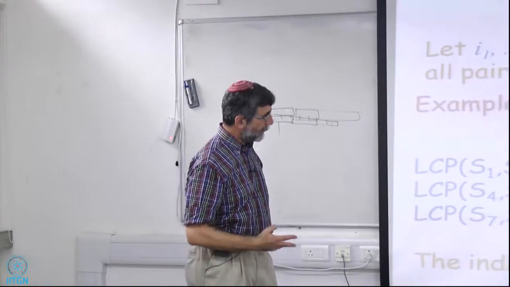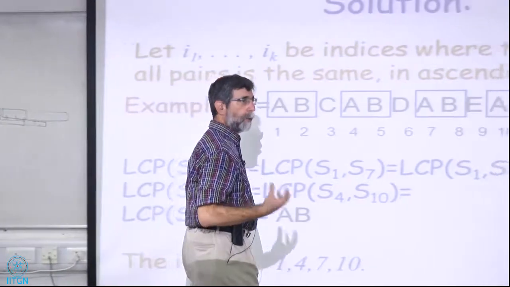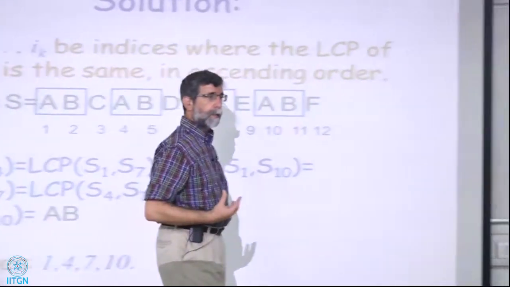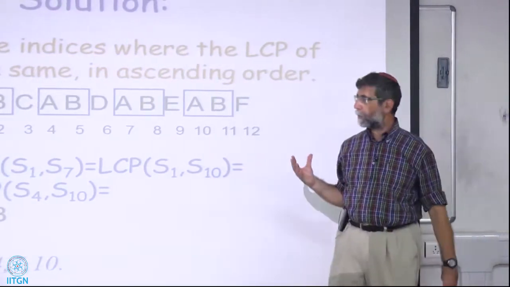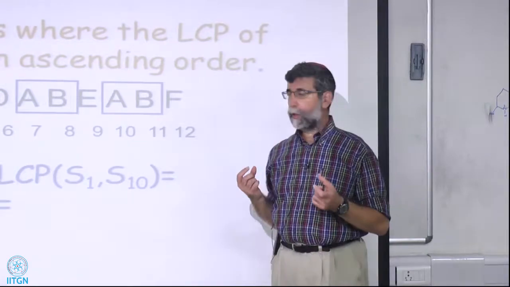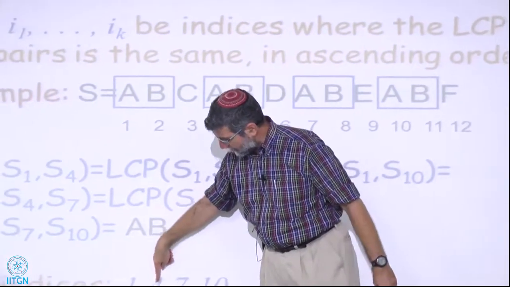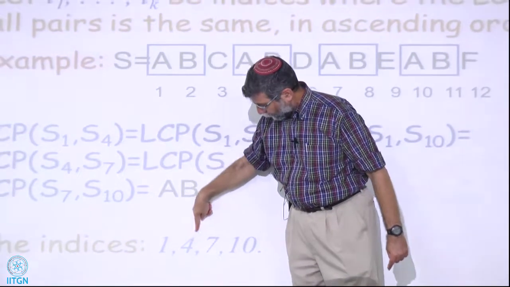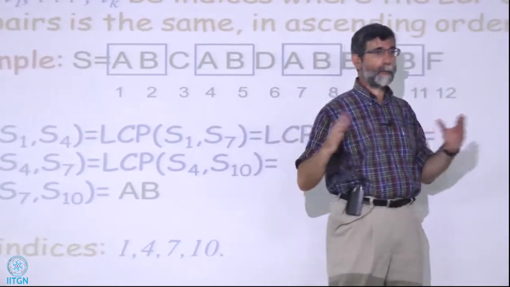So the point is this. It already allows us to prune a whole bunch of pairs that we don't worry about because they couldn't be optimal. Because it's enough here to look for the LCP of the adjacent ones, the LCP of 1 and 4, 4 and 7, 7 and 10, because everyone else is the same height, but it's longer.